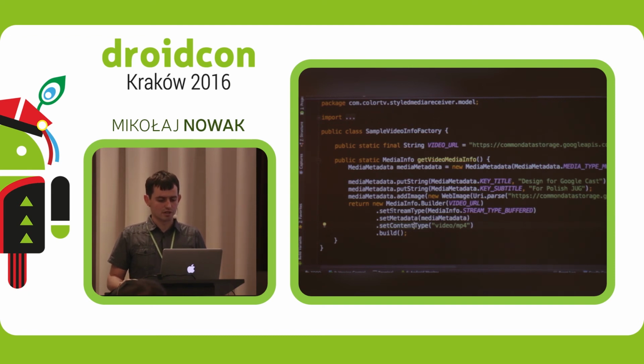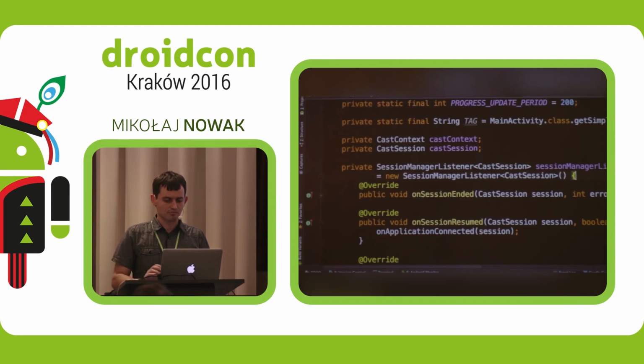Then we have to set up a stream type, also metadata, in which we pass a title, subtitle, and image, which is used in our controllers provided by Google, and also in the Google Cast receiver. Then we also have to set the content type, which is a MIME type, and we need to build it. In our case, it's just one video, so it's a simple factory returning the same object.